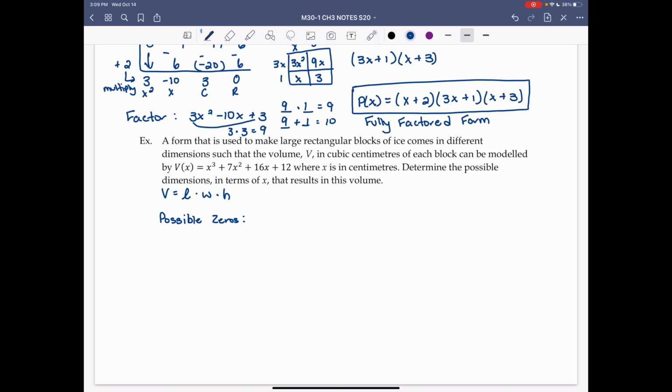The leading coefficient is 1, so we're just looking at factors of the constant term. Constant term is 12. So plus minus 1, plus minus 2, plus minus 3, plus minus 4, plus minus 6, and plus minus 12. Then we want to find one of those that will give us a remainder of 0.